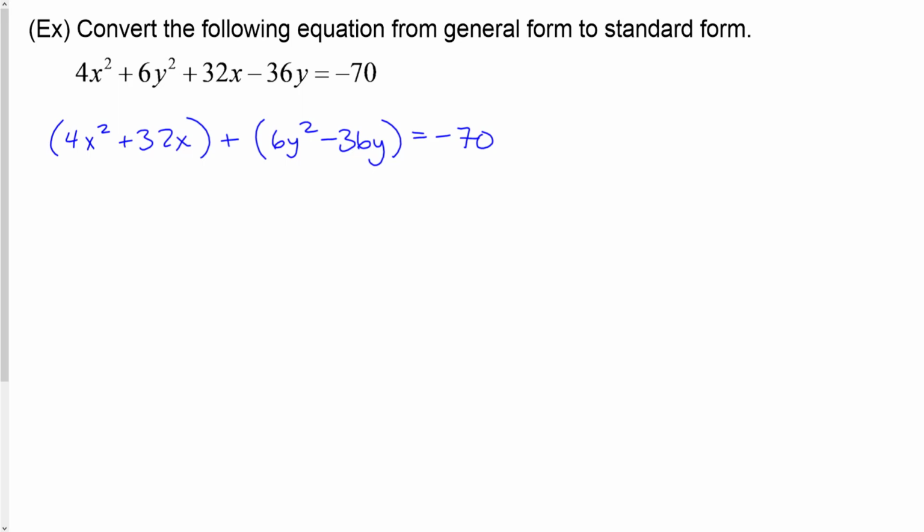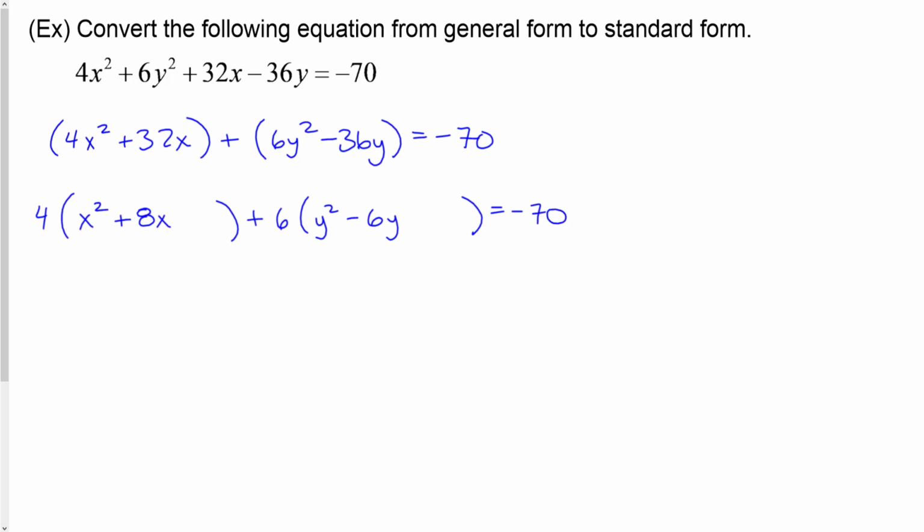Now I'm going to factor out 4 from the x's. That leaves me with x squared plus 8x. Then I'll factor out 6 from the y's, so that's 6 times y squared minus 6y.